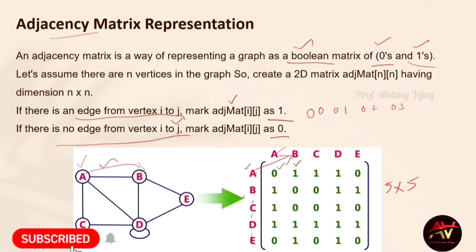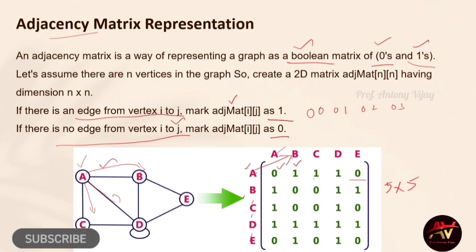If it is 0, no link. Likewise, A to C we have, and A to D also. A to E is 0. It means there is no direct connection between A to E. It only happens through B: A to B and B to E. If there is a direct connection between A to E, we put 1. Otherwise, we put 0.